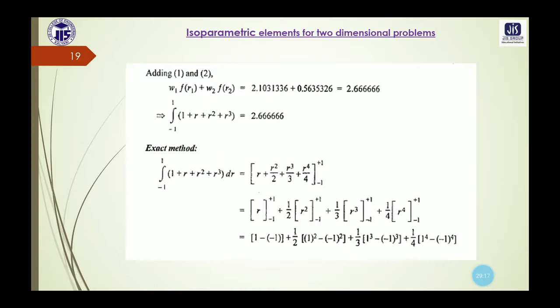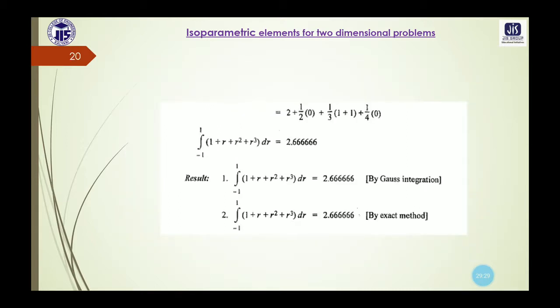To get the result of this given integral by exact method, we need to perform the simple integration here, and finally we are getting the value of the integral as 2.666. So what we have seen is that the value of the given numerical with the help of Gaussian quadrature and with the help of the exact method are the same and matching, 2.666 here.